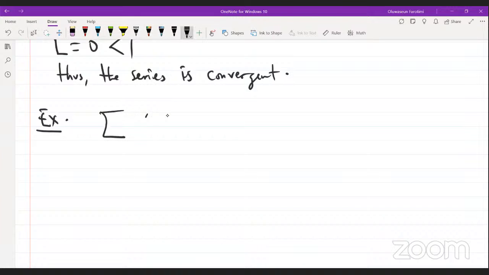So in this example, you have 2 to the power of n, n plus 1, n plus 2. All right, so I'm going from n from 1 to infinity. All right, so what else do I do now?